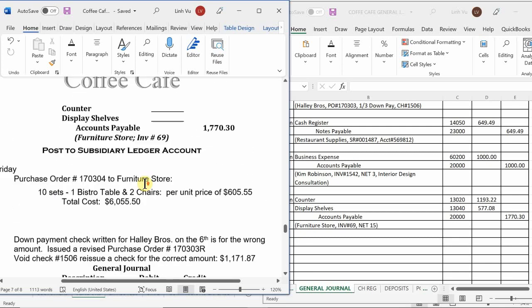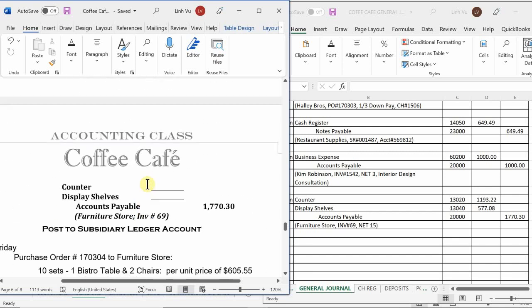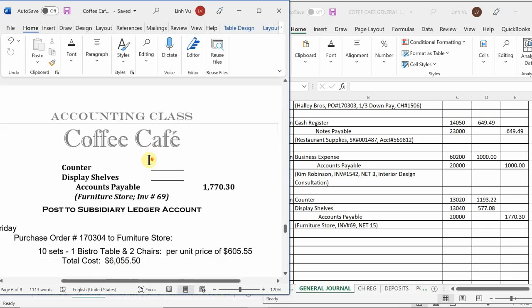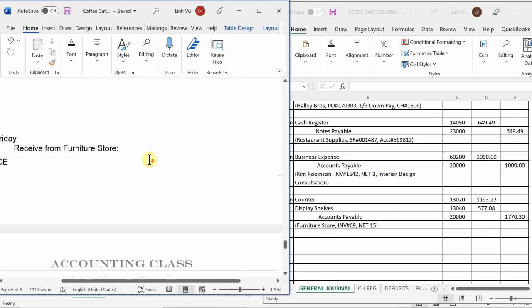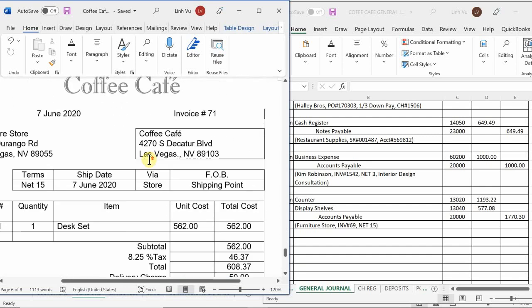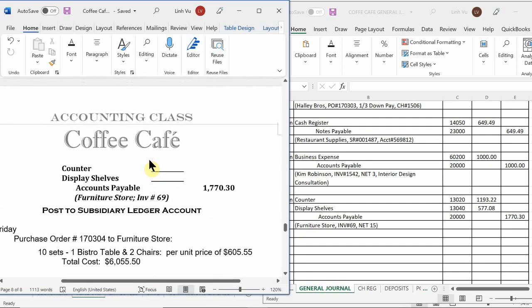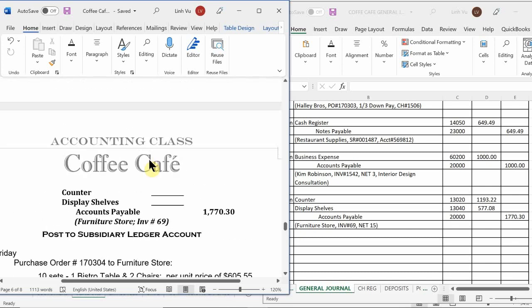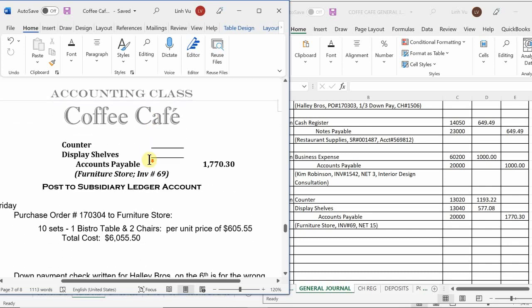So what I want to do here is we'll do the next 2 transactions and then we'll stop for the rest of the day and come back to this next week and finish up the rest of it. Now that we added our counter and display shelves, here we have another purchase order, number 17304, to Furniture Store.